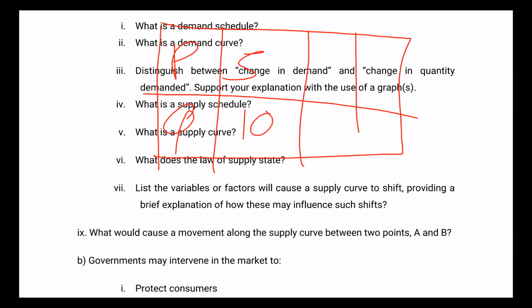When the price is 7, you can buy 15. And when the price is 9, you can buy 17. So the table that shows us how much can be demanded at given prices is what is known as the demand schedule. Is that clear?